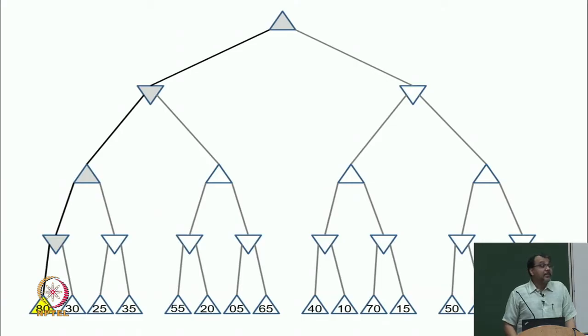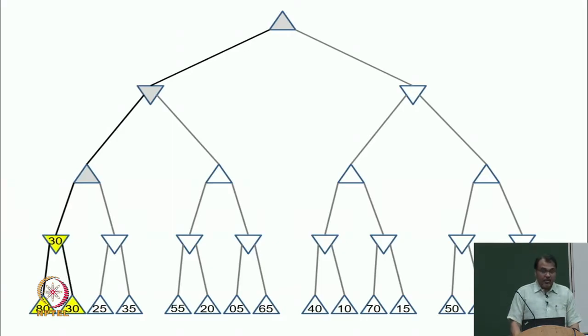So, the min node, which is the parent of 80, learns that there is a value of 80 below me, so it says 80. Then it goes to the other child, and the other child says 30. Now, as soon as the other child says 30, what becomes the parent's value? 30, because it is a min node.